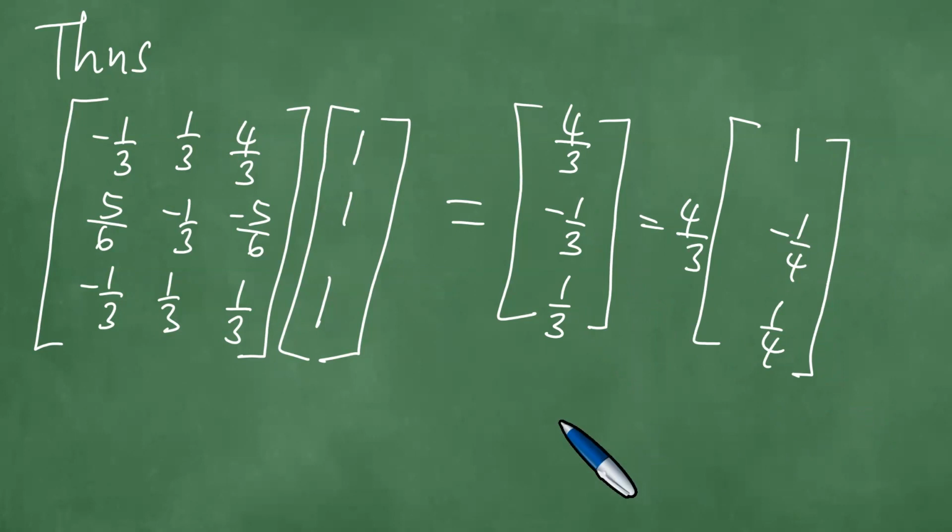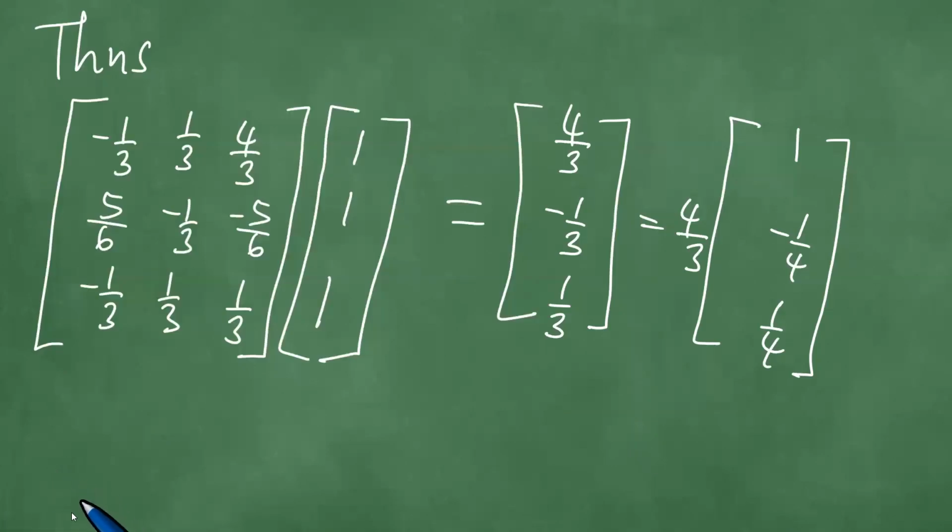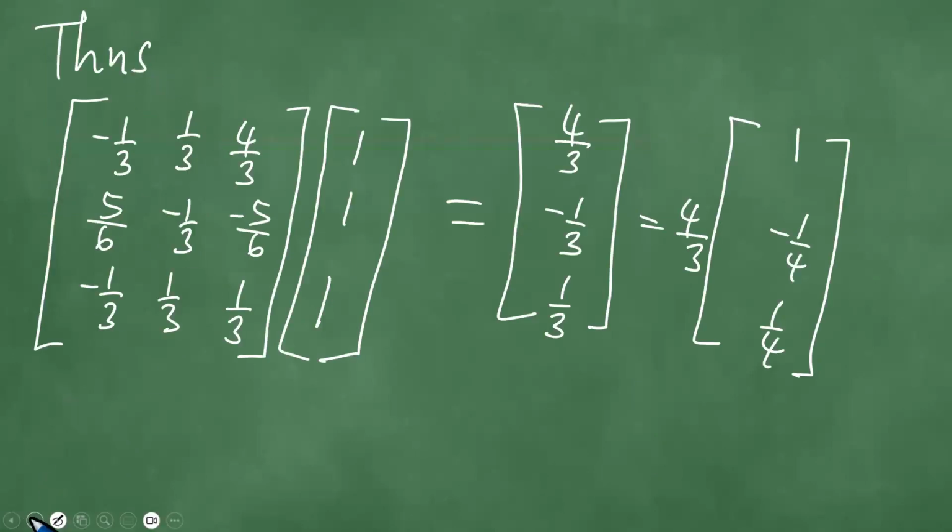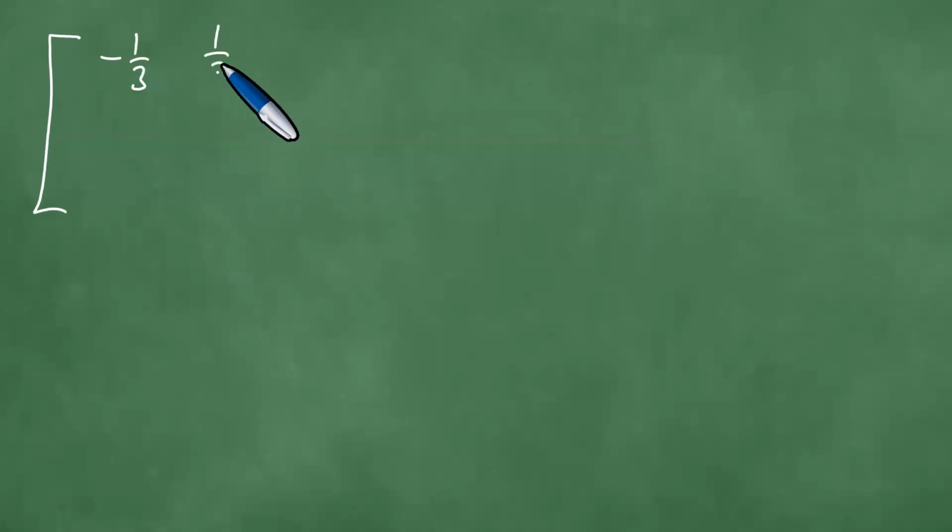And then next step, we continue, we do the same, but we take this vector and we multiply it with the matrix inverse of A again. So we have here minus 1/3, 1/3, 4/3. Minus 1/3, 1/3, 4/3.